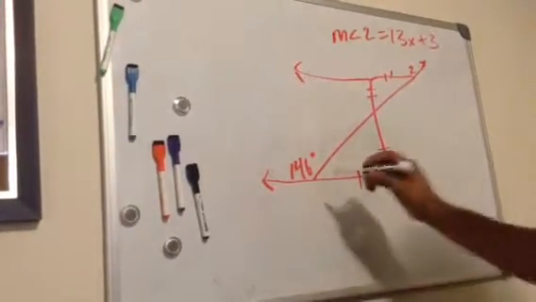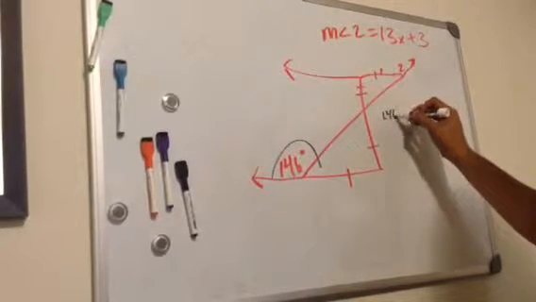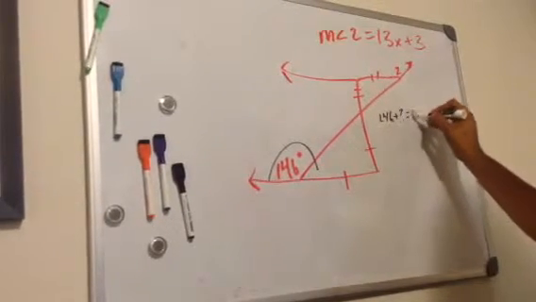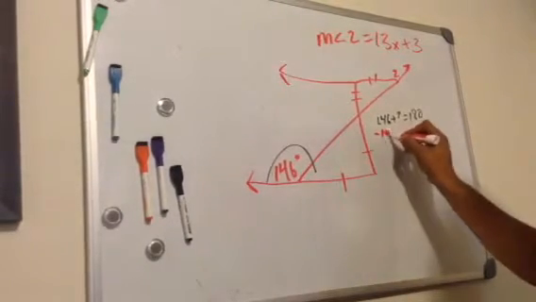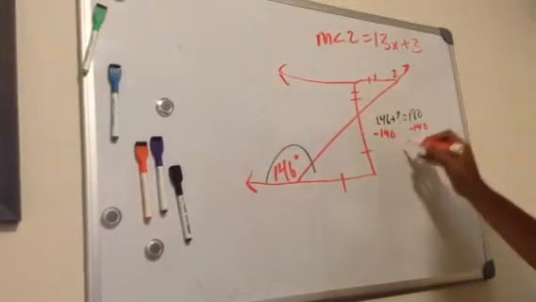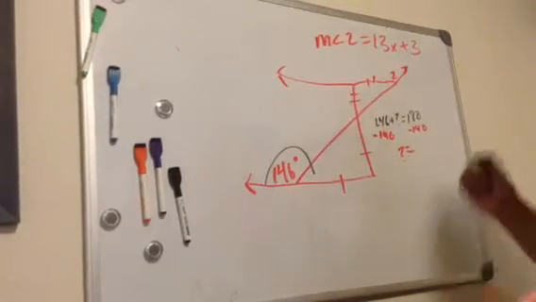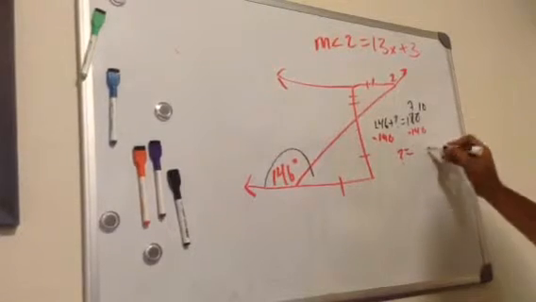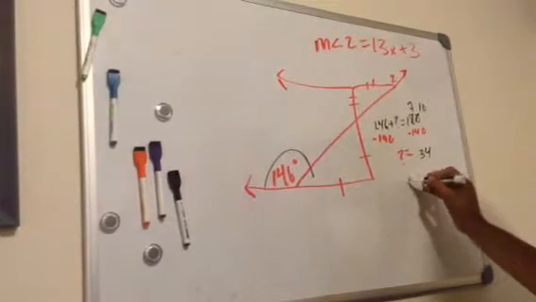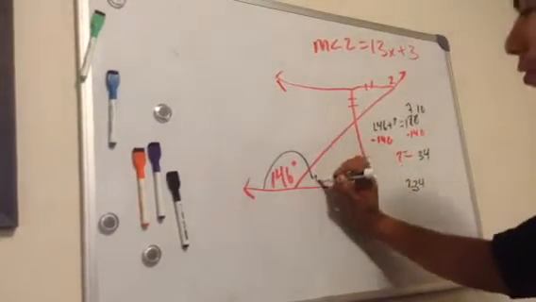So if I do a semicircle over here, we know it's 180. So we have 146 plus question mark equals 180. So now we subtract 146 from both sides, and question mark will give us 34. So we'll have 34 over here.